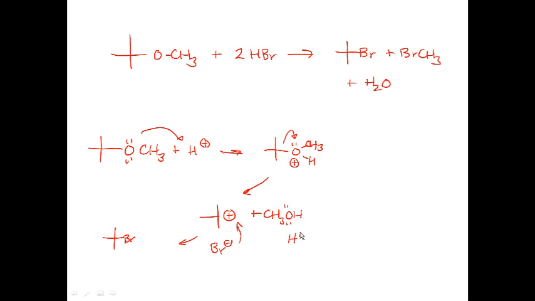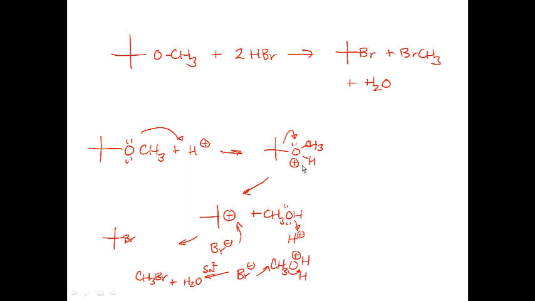Well, it would become protonated by the second equivalent of acid, would form a CH3 oxonium ion, a methyl oxonium ion, and then since this is a methyl group, my Br minus would come in and do an SN2 reaction to form the methyl bromide and water.